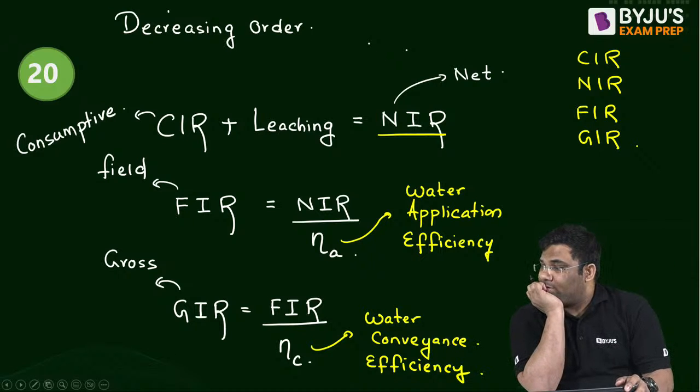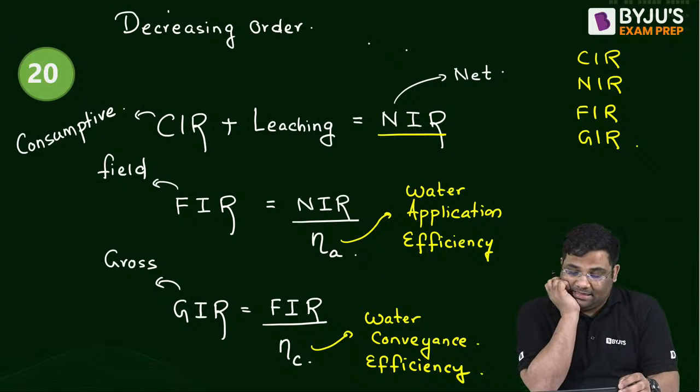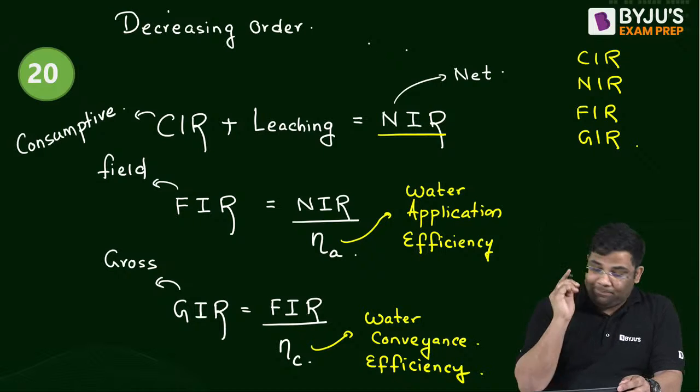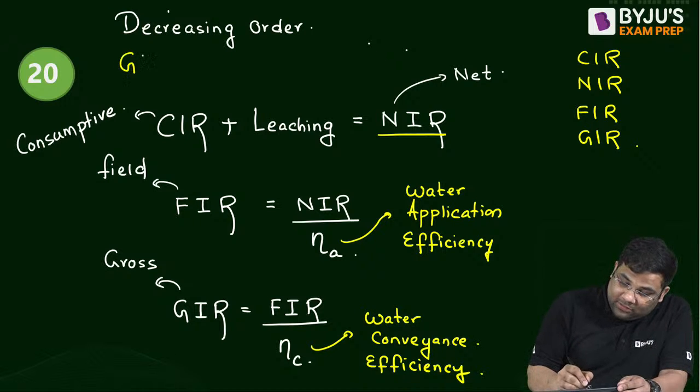Very good, Santu. No, no, net is less. Net will be lesser, right? Okay, the first one is gross.